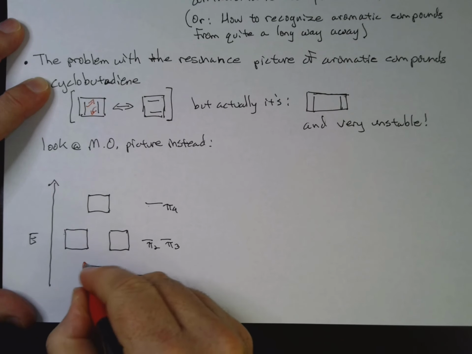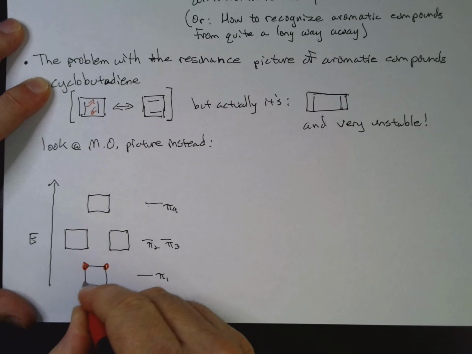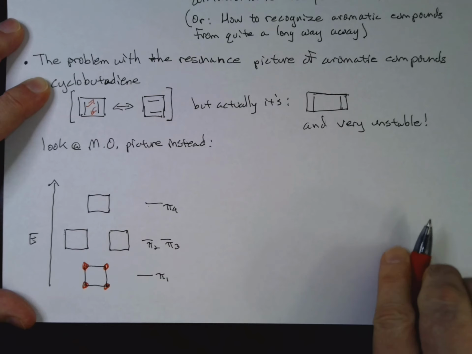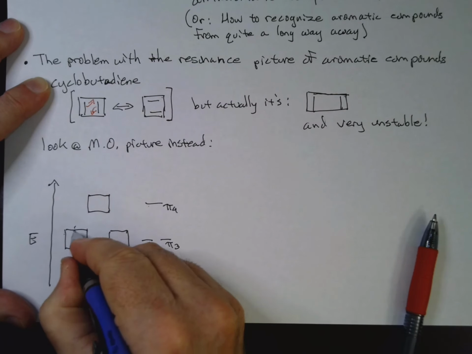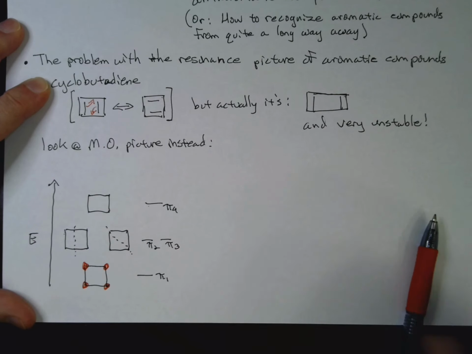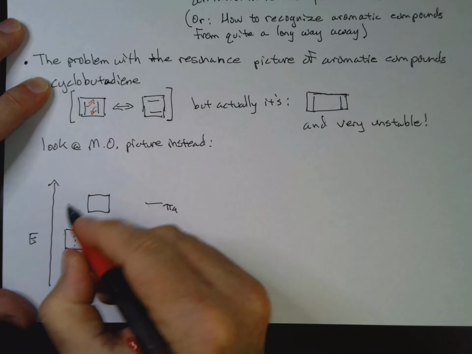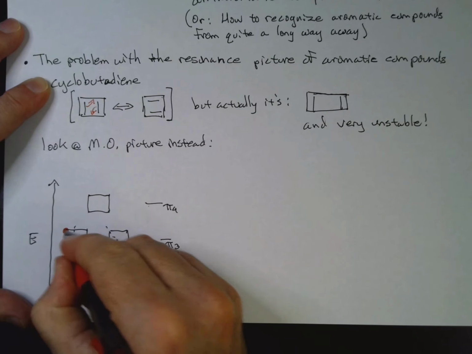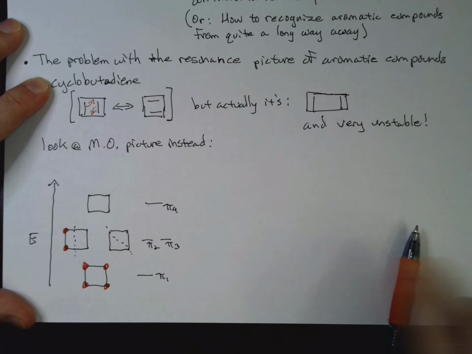Just like last time, I'll color these in so we can have all red here. That's pi 1. And then pi 2, we've got 2 different possible nodes.